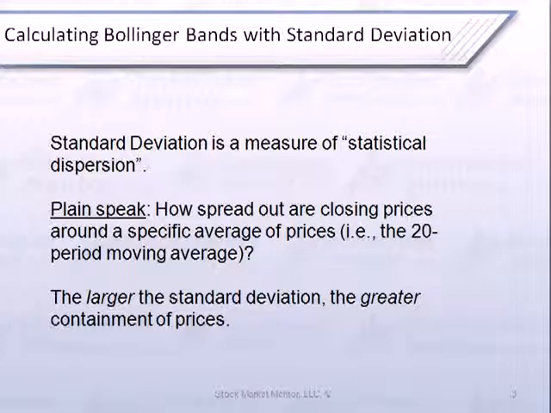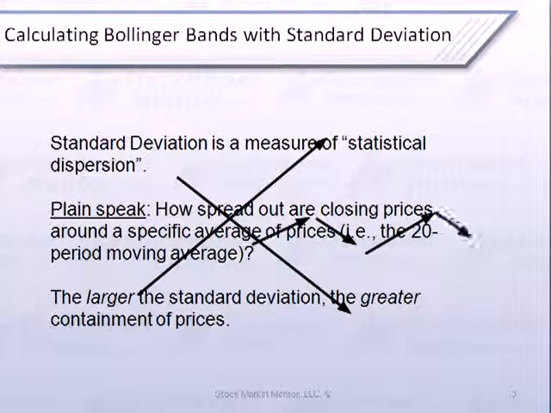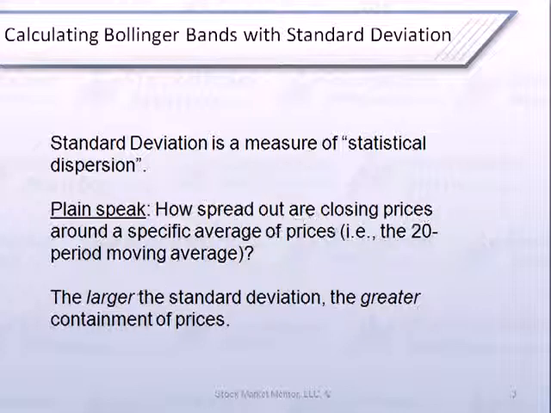And so you look at that moving average, and again, moving averages can be moving higher, they can be moving lower, they can be trending sideways. All we want to know is, we look at that moving average and how close or far away are all the closing prices relative to that moving average.